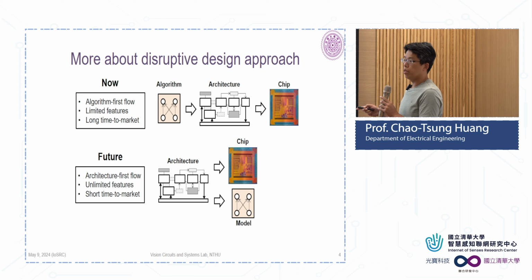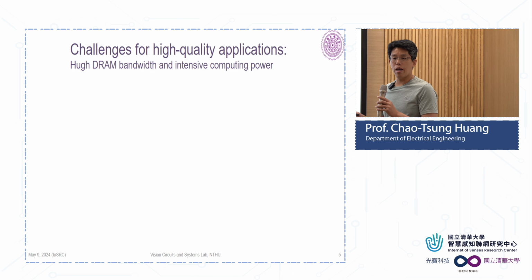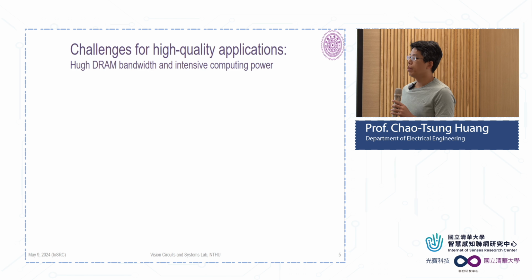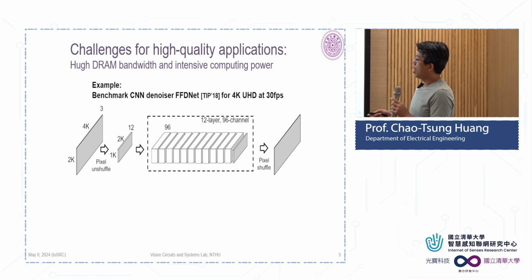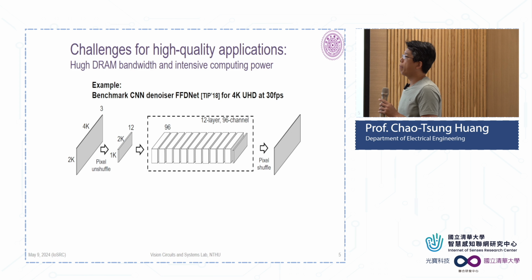Okay, even though we have seen so many opportunities, we do not see these kinds of products in our pockets now, right? Because there are many challenges. And here I would like to use this baseline denoising network as an example. Suppose we use the traditional inference flow. It means that we run inference on the network layer by layer.